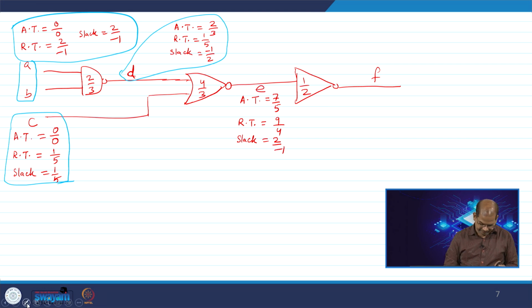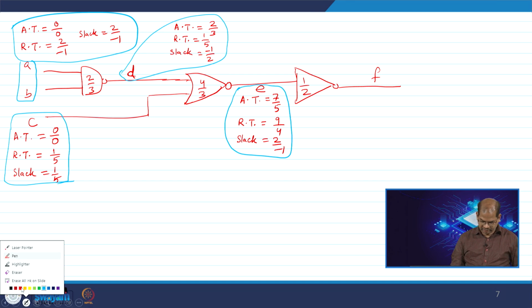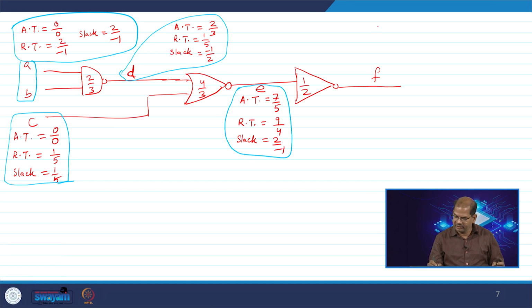Node E, I put it in the same thing. So, now for the F node, the arrival time is basically 6 by 9, required time is basically 5 by 11 and the slack is basically minus 1 by 2. Okay. So, this is my point.